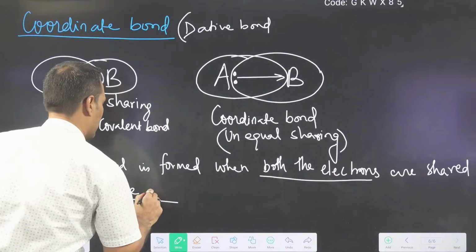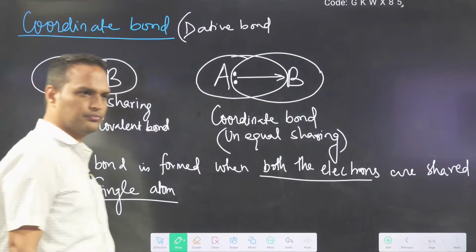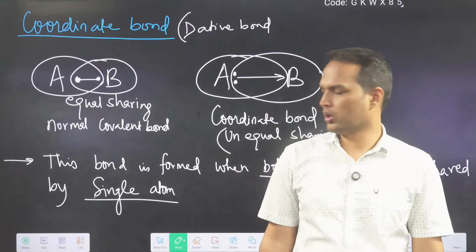One atom is sharing both the electrons. Clear? Theory part over. That is what a coordinate bond is.